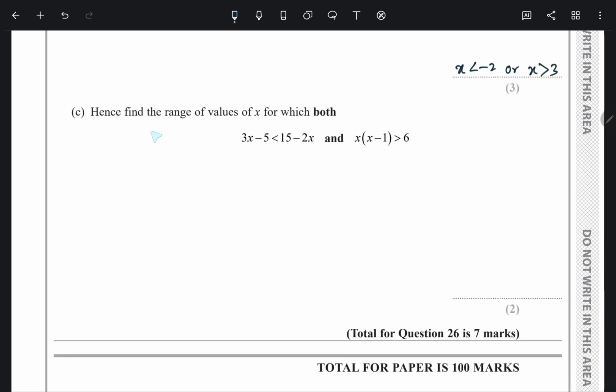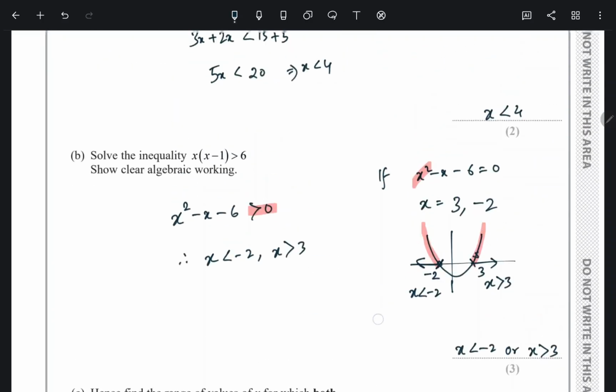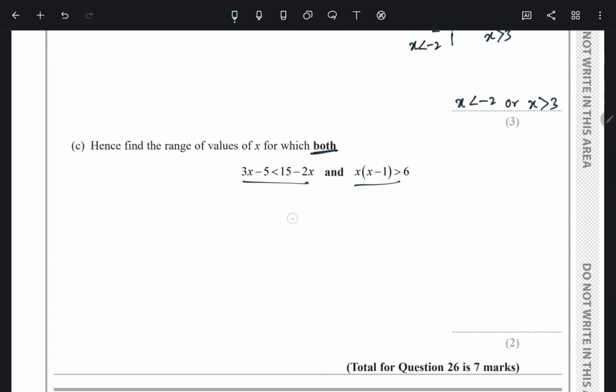Now, part C says, hence find the range of values of x for which both this and this are true. Okay, so for the first one, we have found x is less than 4. And this one was x is less than minus 2, and x is more than 3. Now to do this, I will draw a number line to make things simpler. So that's 0, say that's 4. So the first inequality is true if x is less than 4.